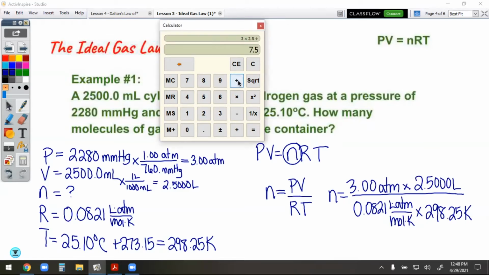Then I'm going to hit divided by, and I'm going to type in my value for R, the universal gas constant. And now, because the temperature is also on the bottom, I'm going to hit divided by a second time, 298.25, for a total of 0.306.